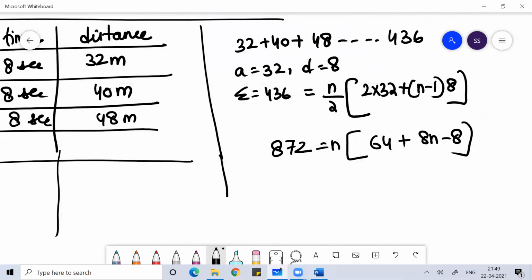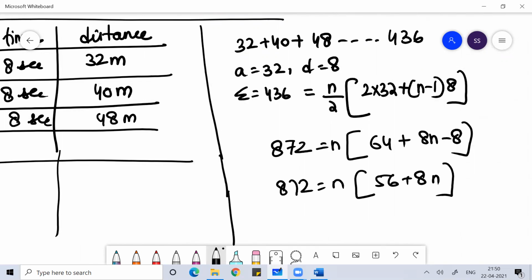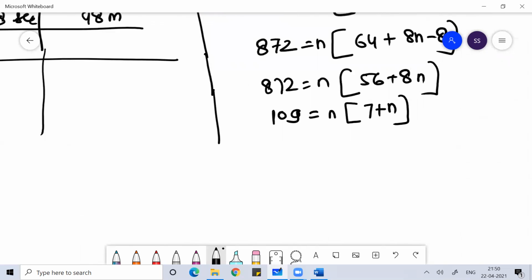So 872 equals n into 56 plus 8n. You can solve this. If you divide, this is 109, so 109 is equal to n into 7 plus n. You can solve this.